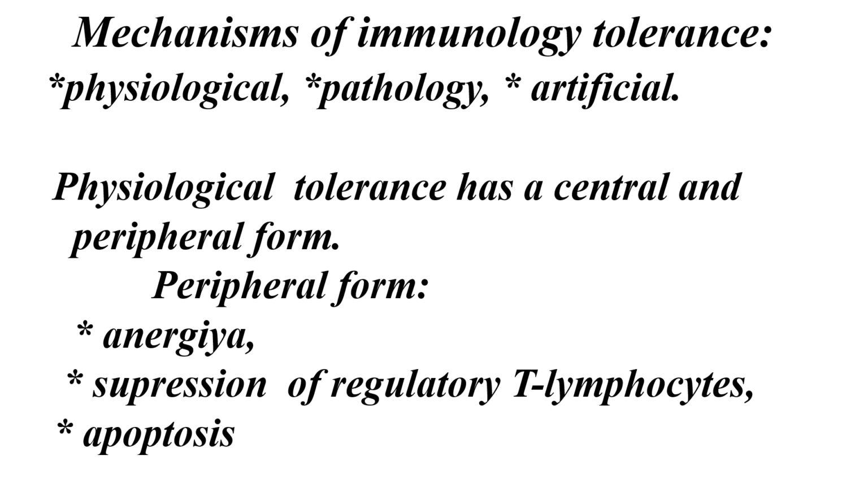In the central form, autoreactive T and B cells must be destroyed in the central organs, for example, thymus and bone marrow. If T and B cells aren't destroyed in the central organs, they pass to the peripheral way, and the peripheral form has anergy, suppression by regulatory lymphocytes, and apoptosis.